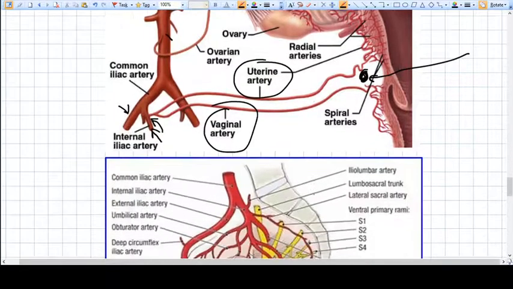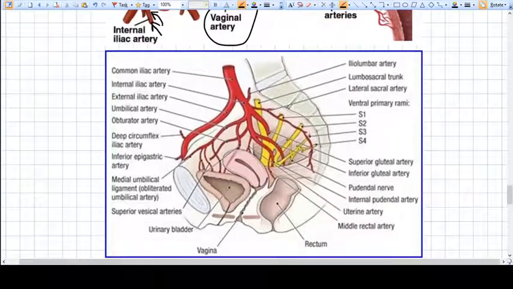Okay, here is another picture. You can see the common iliac artery dividing into external iliac and internal iliac. The internal iliac further divides into anterior division and posterior division. The anterior division arteries are the umbilical arteries, the obturator artery, uterine artery, vaginal artery, everything.